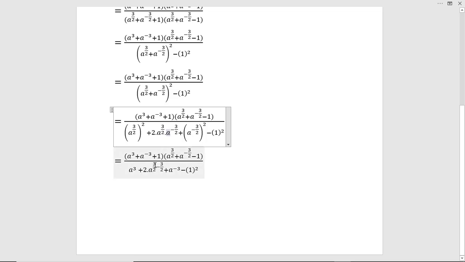So 2 into a to the power 3 by 2 minus 3 by 2, and here a to the power minus 3 by 2, minus 3 by 2 and 2 as a product they will give minus 3. So a to the power minus 3 and minus 1 whole square is carried here.